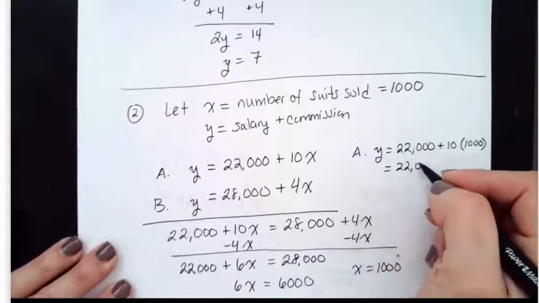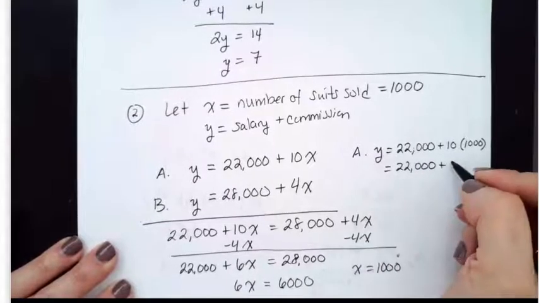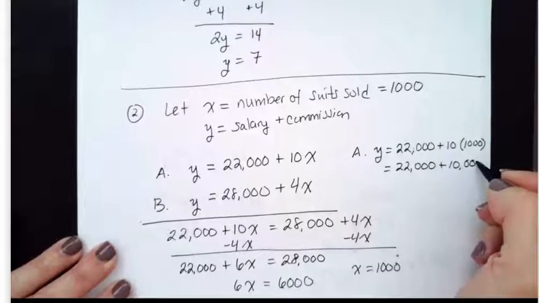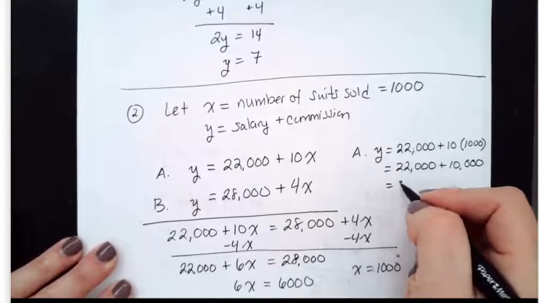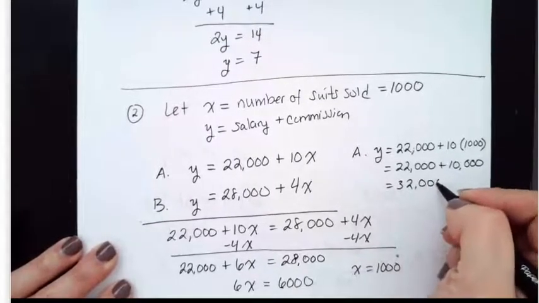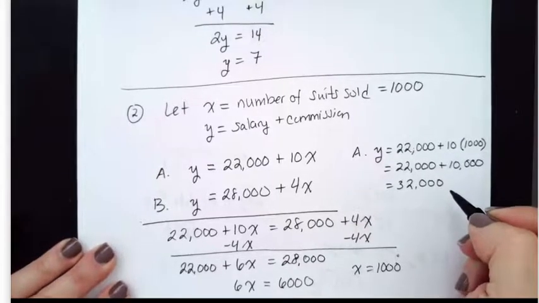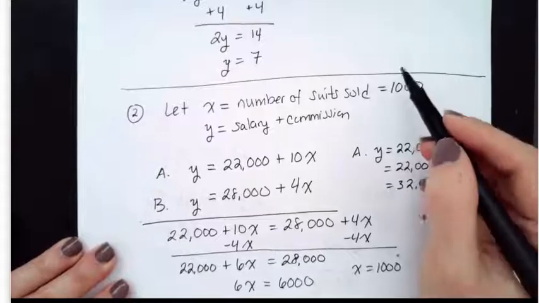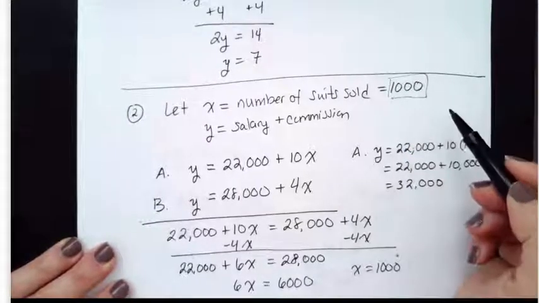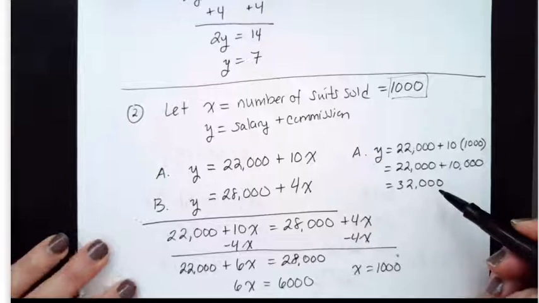Which is 22,000 plus 10,000, which is 32,000. So even though the question didn't really ask that, maybe it would. So if he sells 1,000 suits, this answers the question, he would make $32,000 for that year.